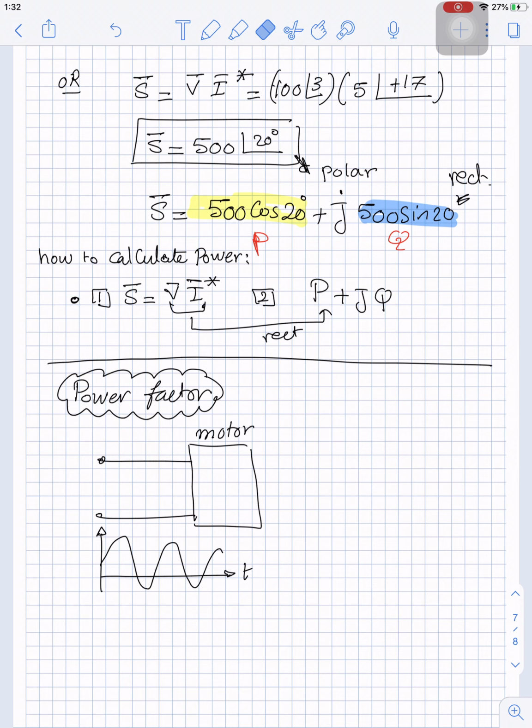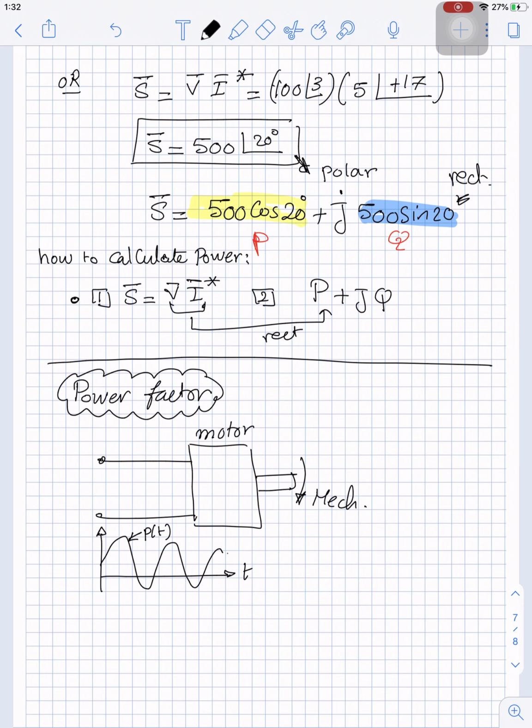The question is, do you actually care about the shape of the power, or do you care about the mechanical power coming out from the motor? What you care about is how much energy is converted from electrical to mechanical, which is the output.